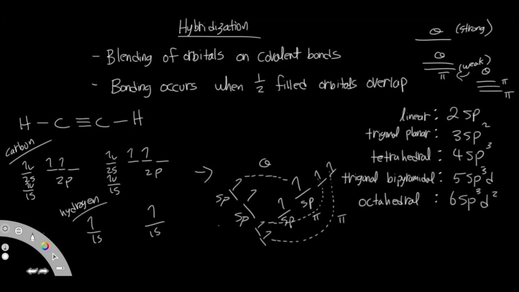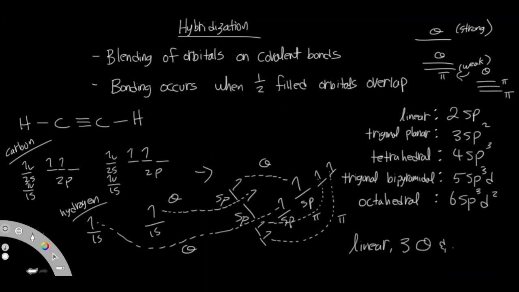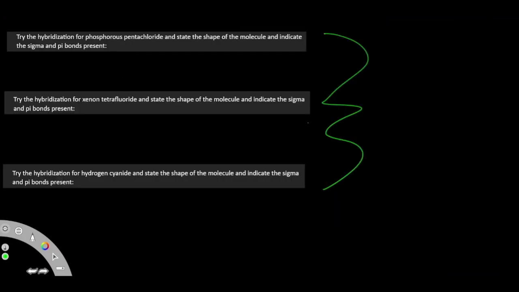It does work out pretty well because this one can become sigma bonded, and this one can also become sigma bonded. So this is how it looks. This linear shape has 3 sigma bonds, and then there are also 2 pi bonds.